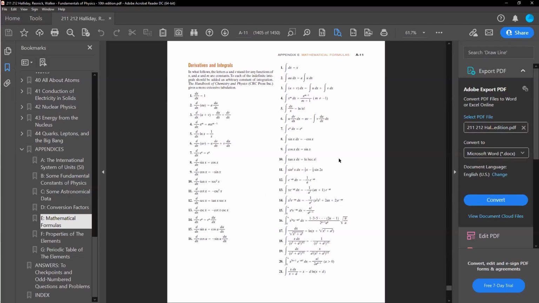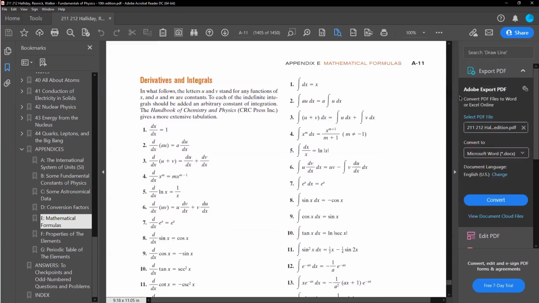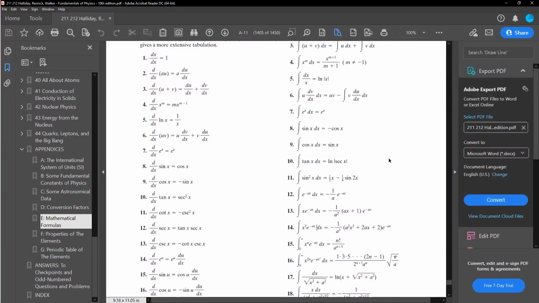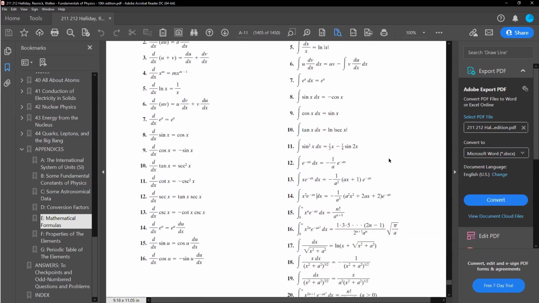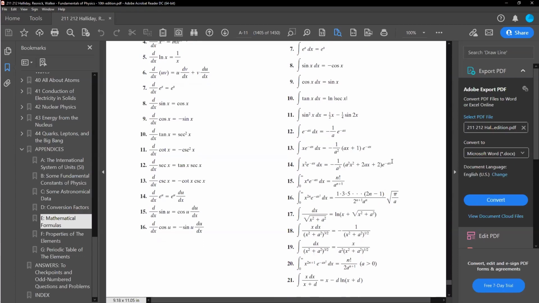So now the question is, do any of these integrals have the same form that we're dealing with right now? And you could argue that you don't need this sheet, I know how to solve this integral without it, but the assumption is you know how to integrate, and this table of integrals is provided. So I see it there.